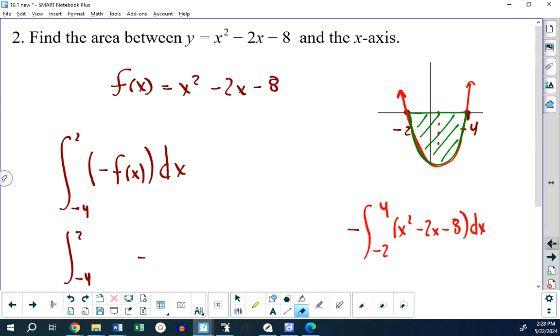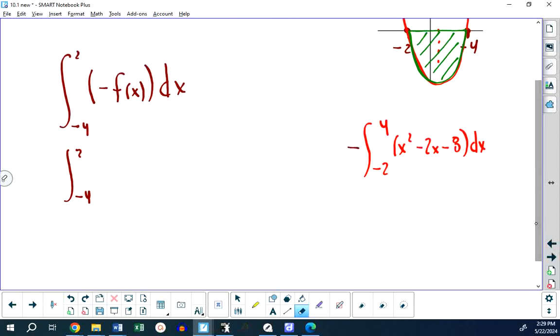You know where I have this stuff written in red, I said we could just put a negative in front to flip the whole thing over? I want you to get in the habit of understanding that this negative 1 here is just a factor of the integrand, and you can take it and put it outside.